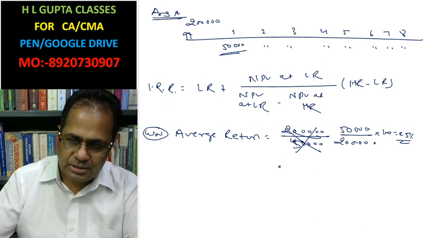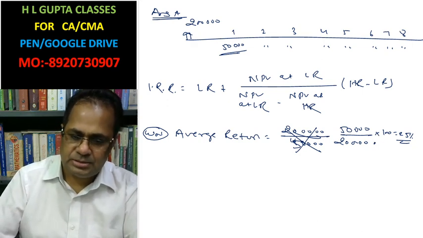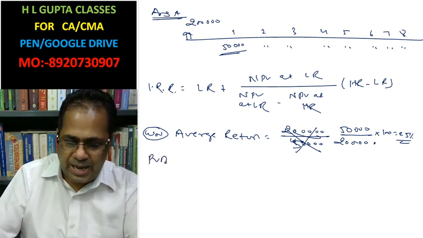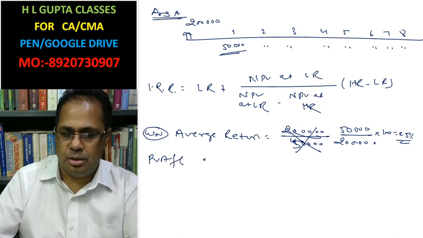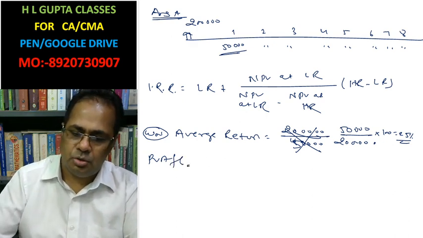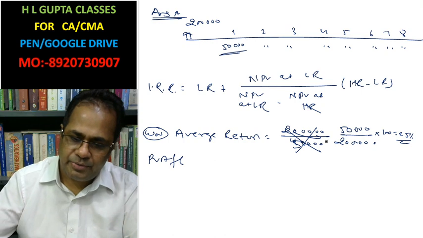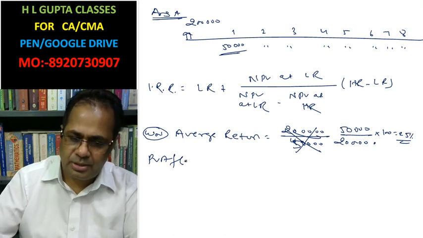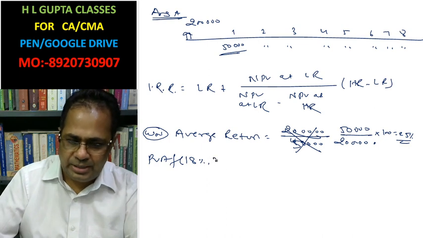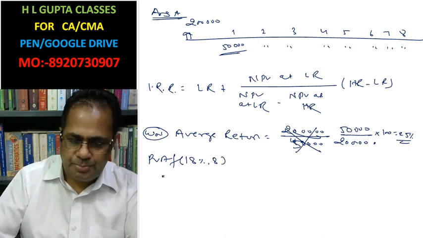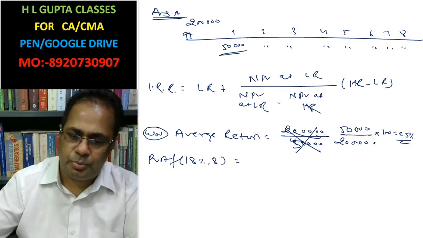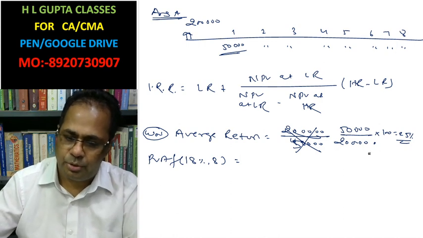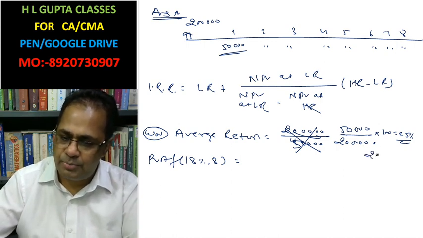Present value annuity factor for this. What's the present value annuity factor at 18%, 8 years? The present value annuity factor should be nearby 4. Why nearby 4?